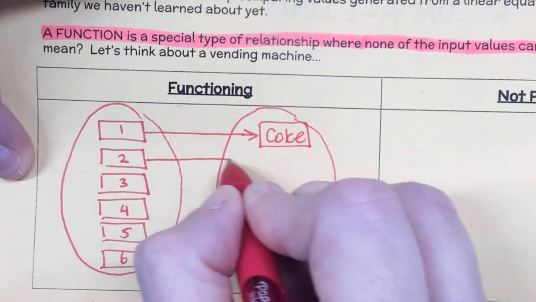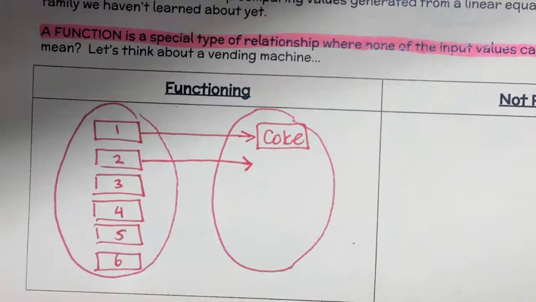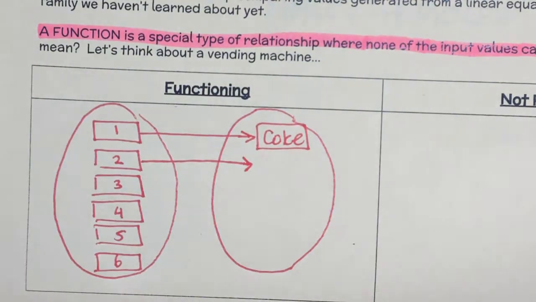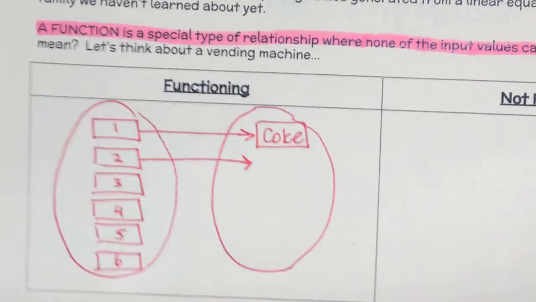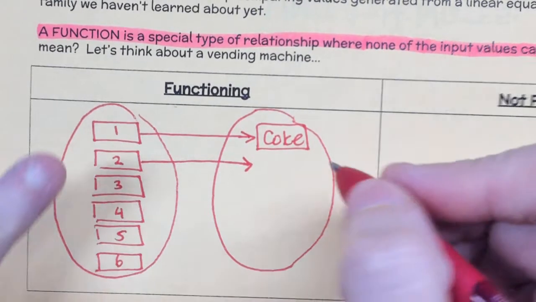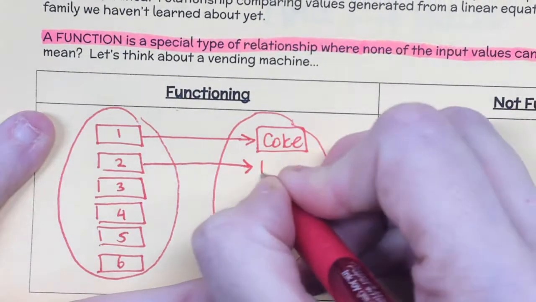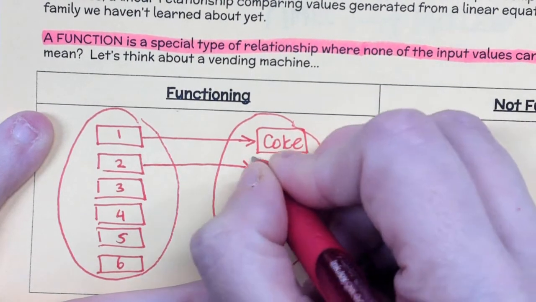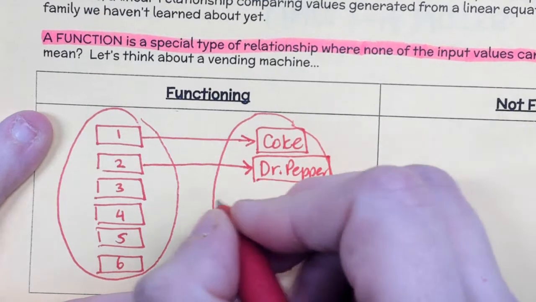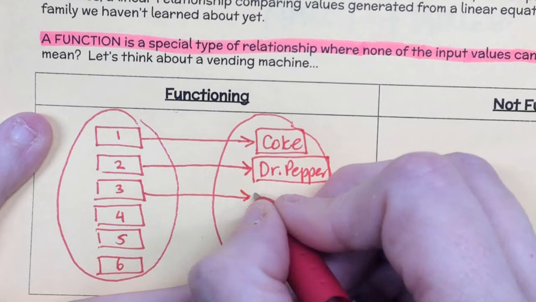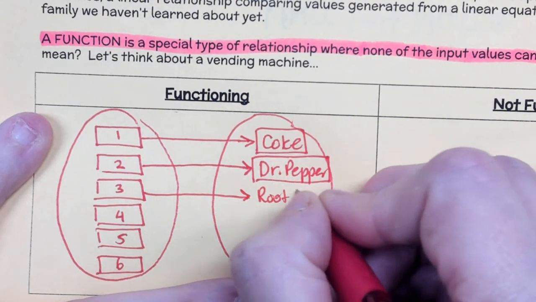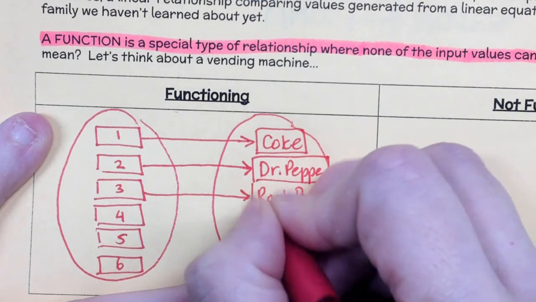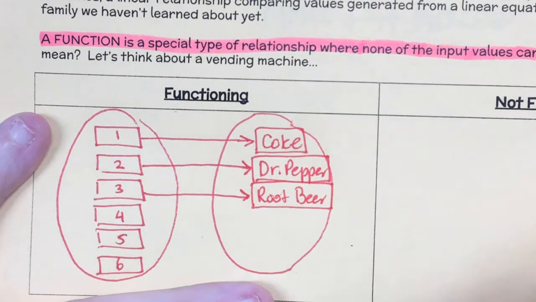Okay? What else should be in the vending machine? Pepsi. We can't have Pepsi in a Coke machine. That's just a violation. But Dr Pepper, yeah. Okay, we could, Dr Pepper is important. Okay, well, I am a huge fan of root beer, so we're going to have root beer in this machine. Okay, we have root beer.